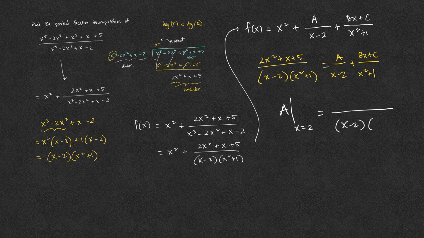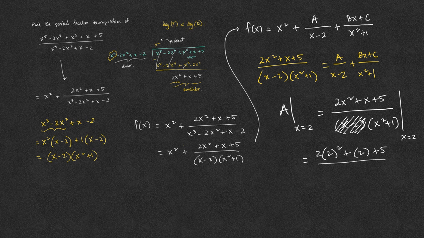We won't be able to plug 2 into x minus 2 in the denominator, and that is why we cover this. The numerator is 2x squared plus x plus 5, and we evaluate this with x equals 2. So this is 2 times 2 squared plus 2 plus 5 over 2 squared plus 1.